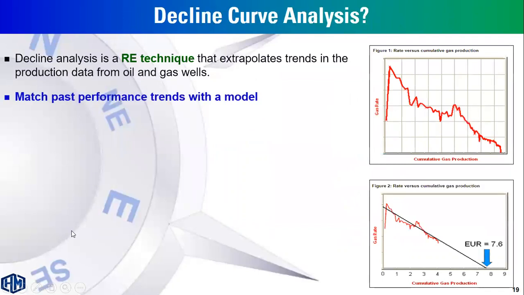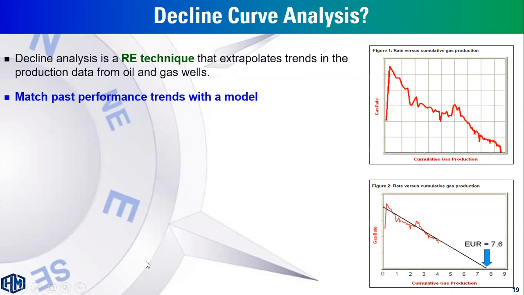So now let's define what is decline curve analysis. Simply, it's one of the commonly used reservoir engineering techniques that extrapolate the historical trend to predict the future performance and to estimate the EUR, or estimated ultimate recovery.